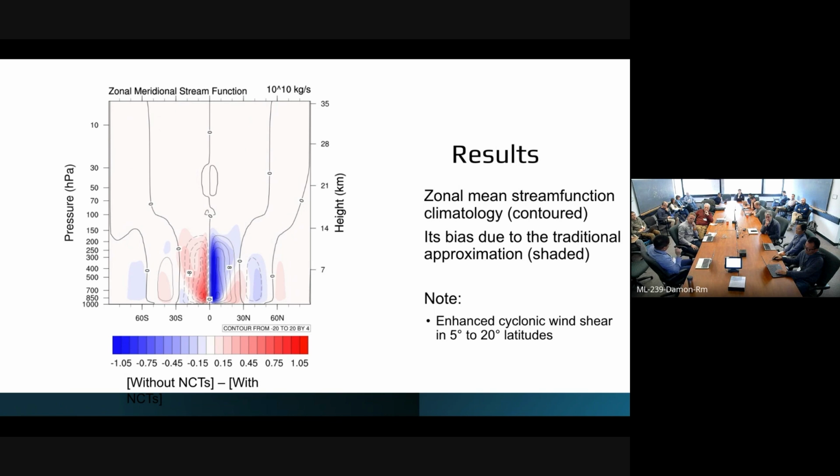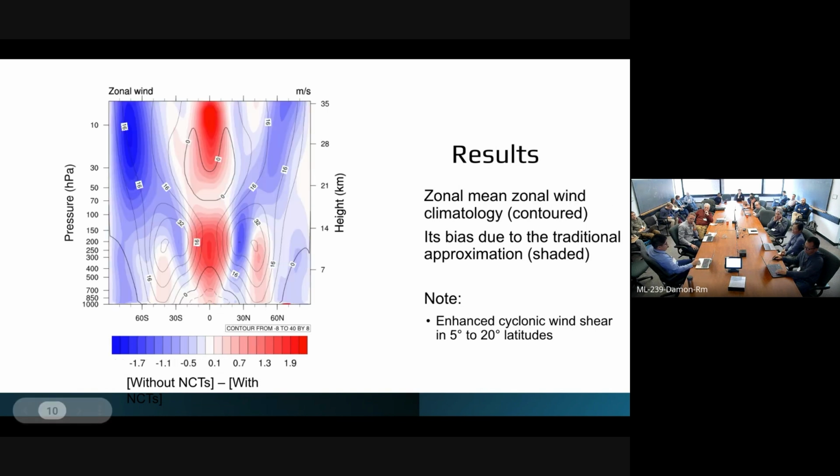But what the linear model doesn't capture is the stream function difference. My linear model doesn't include Ekman pumping. What does Ekman pumping say? When we look at the horizontal shear of the zonal wind, we will see that there is a cyclonic shear bias.